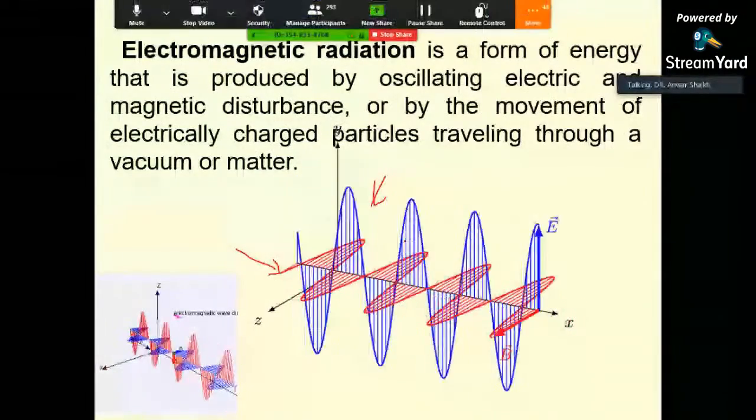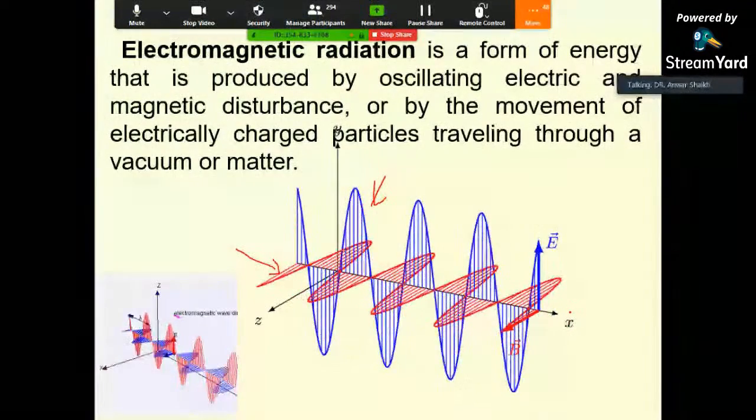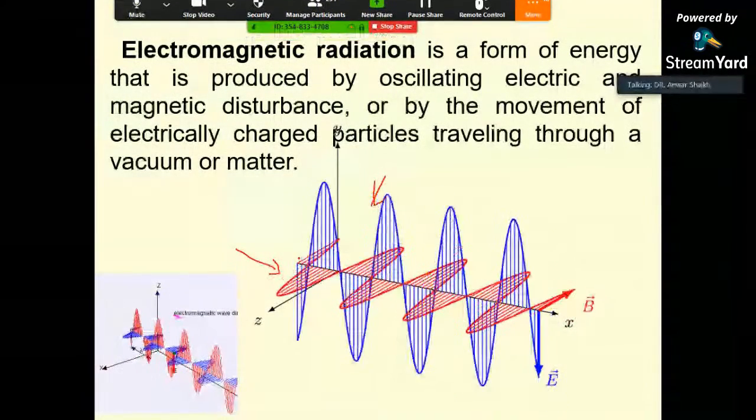In this way the light travels as a wave, which is the electromagnetic wave.